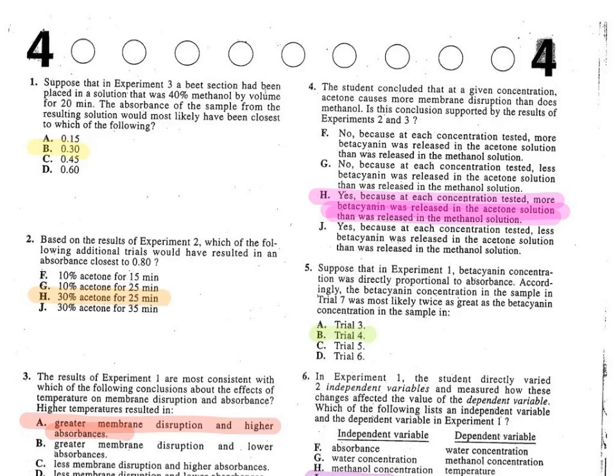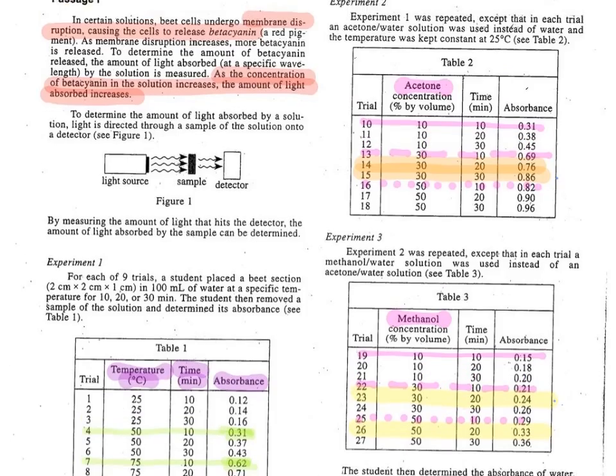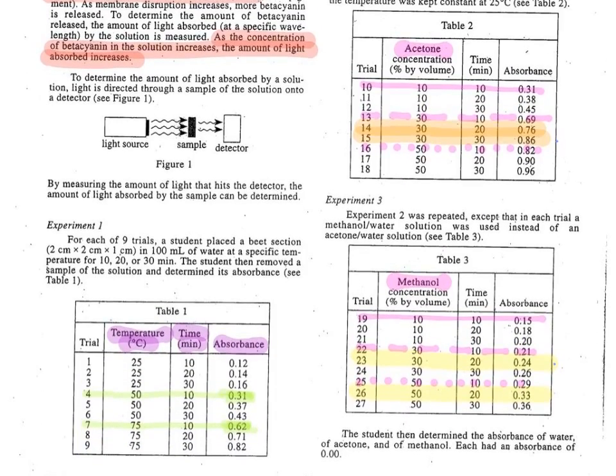Question number 4 relates to experiments 2 and 3. Question 4 is asking us to compare the acetone concentration and the methanol concentration with the experiment. So what I need to do is go back to experiment 2 and 3. In experiment 2, I'm going to compare the 10% acetone for 10 minutes with an absorbance of 0.31 to the methanol 10% concentration, still 10 minutes, which gives me less absorbance with methanol.